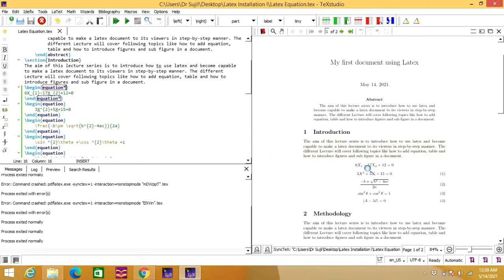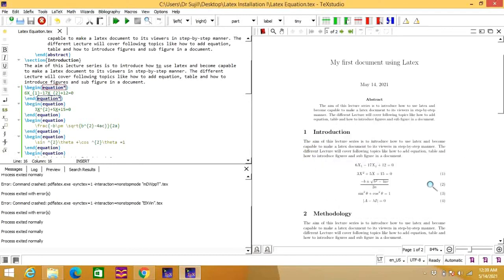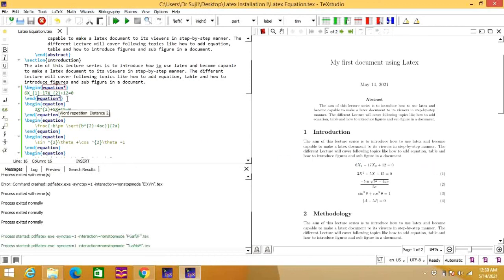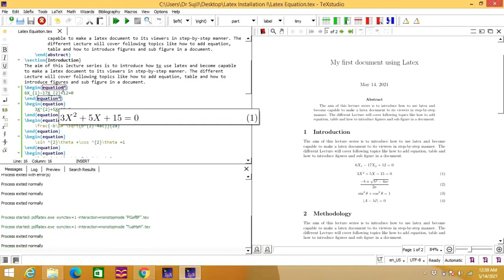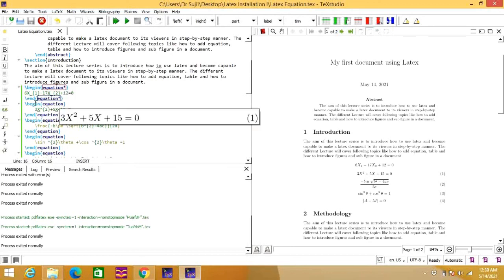So you can see here that the equation number has been removed. Similarly, if you want to remove the equation number of any equation, you can just add a star at this position of begin equation and end equation.